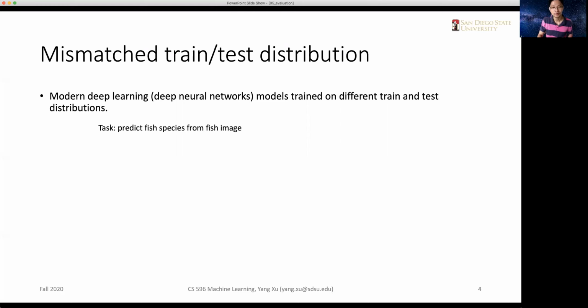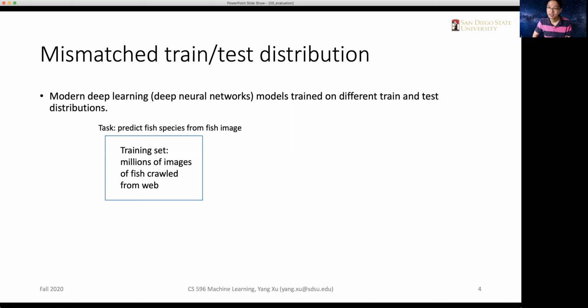For example, when the task is image classification, we want to train a model that tells whether it's salmon or sea bass.